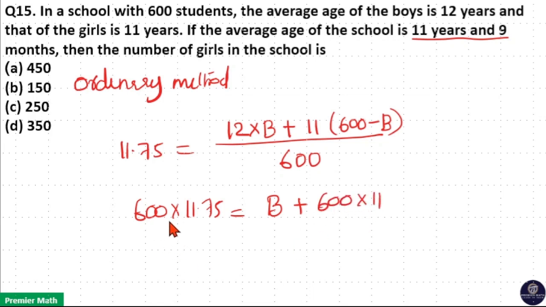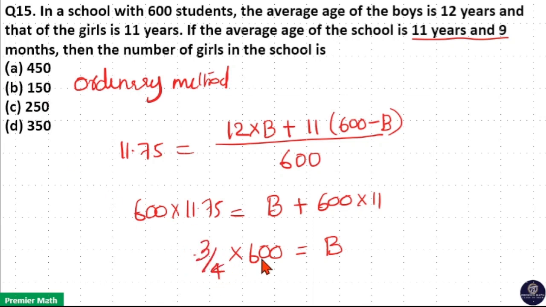Now you can see 11.75 minus 11 into 600 is equal to 0.75 into 600, which is equal to number of boys. Here 0.75 is 3 by 4.